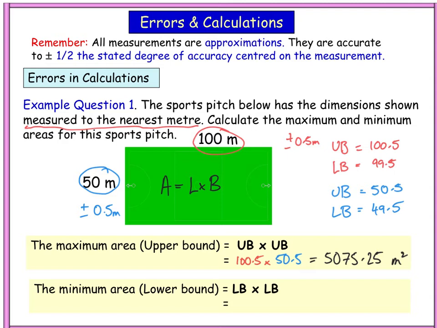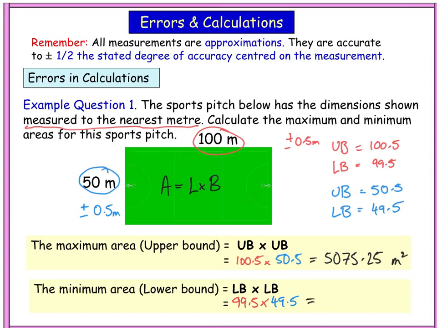However, if we wanted the minimum area, I want the smallest possible value of the length times the smallest possible value of the breadth. In other words, I want to use the lower bounds. So I'm going to use 99.5 and multiply that by 49.5, the two lower bounds.